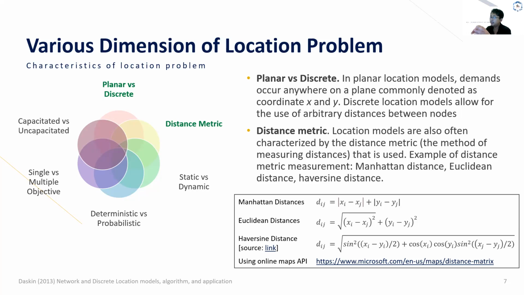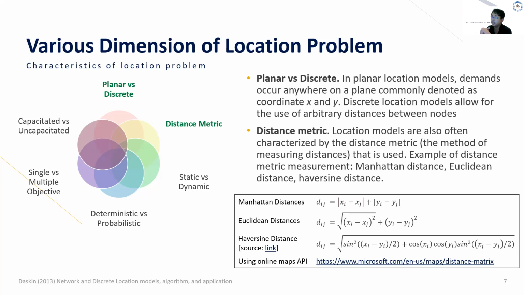Or if you are using the longitude of one city to another city, then you want to calculate the distance. There is a particular way called Haversine distance, in which this measurement takes account of the Earth's curvature. We assume that the Earth is round, and the curve from one location to another should be taken into account when you measure distance.